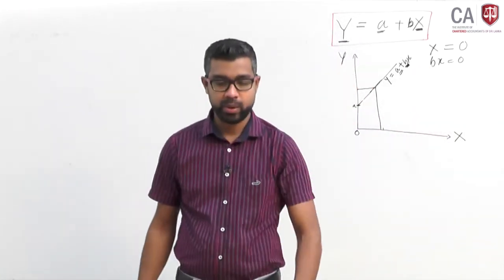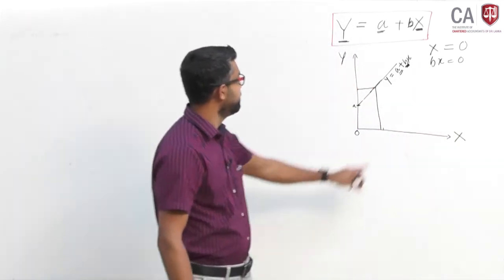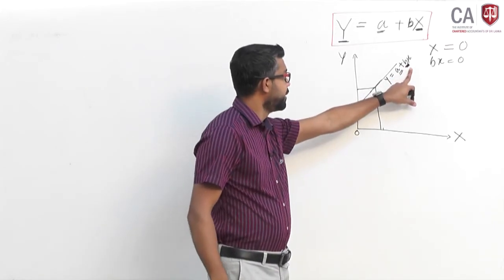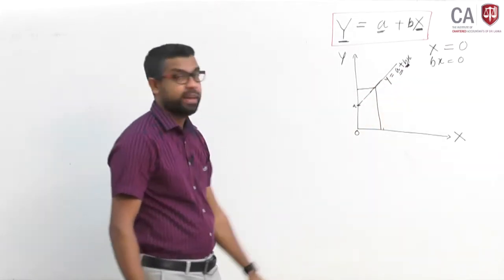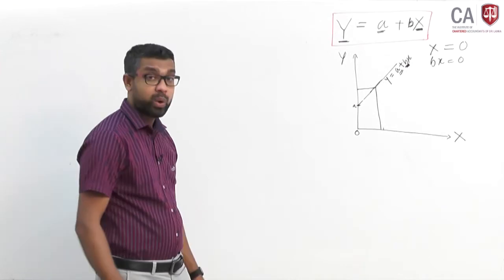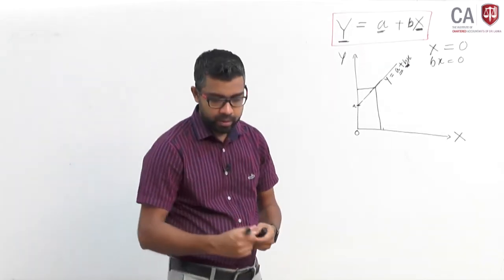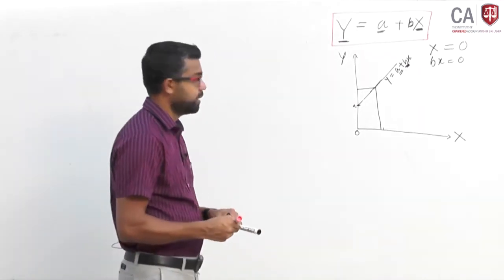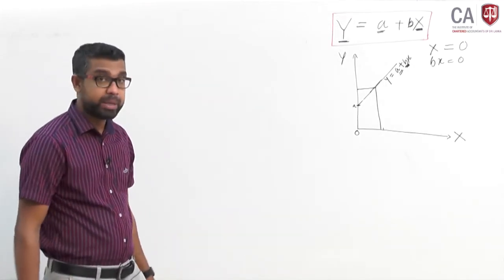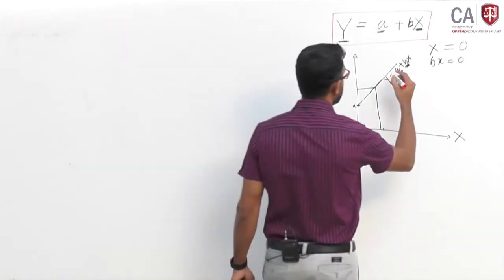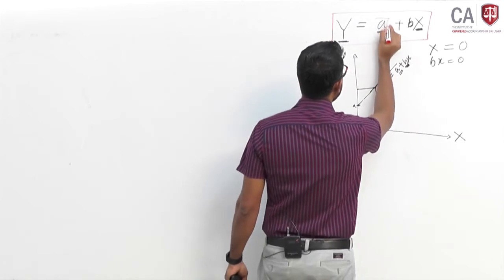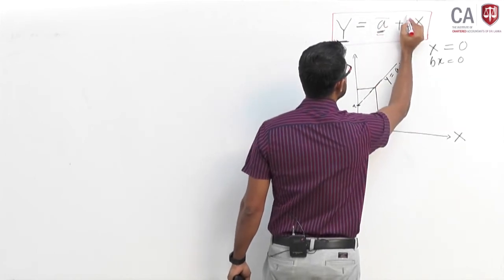We have to find b first. Not only that, we have to find out A also. Finding only b is not enough. So for us to use this least square method as a forecasting tool, from this equation we have to figure out A as well as B.